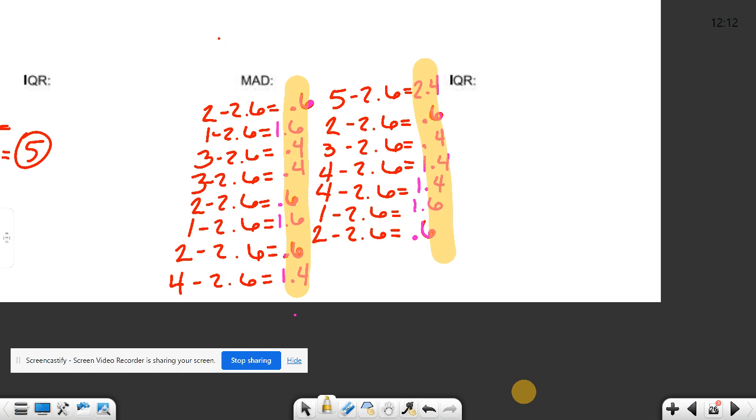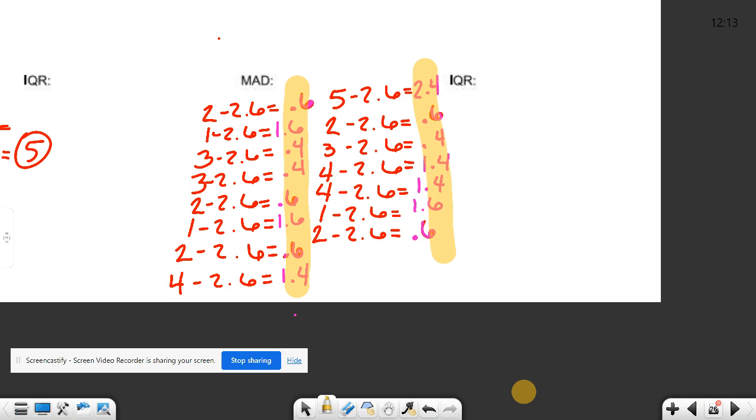Try adding that again. You got 15.6 as well?